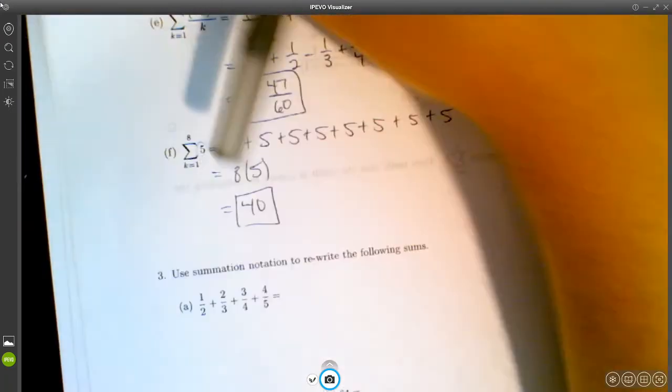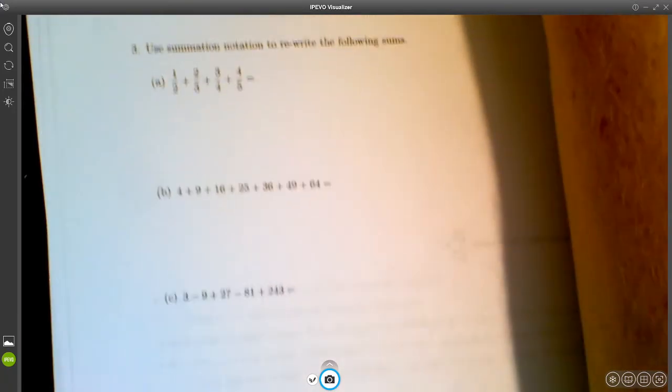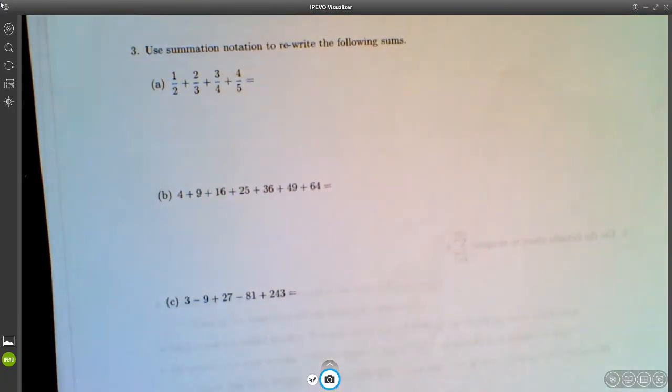Okay, we can also go backwards. If we're given a sum, we can rewrite it using summation notation. There are infinitely many ways to do this, so you're not going to get a unique solution. But here's how I would think about part A. It looks like one that we saw on the previous page, where the numerator is 1 less than the denominator, right?